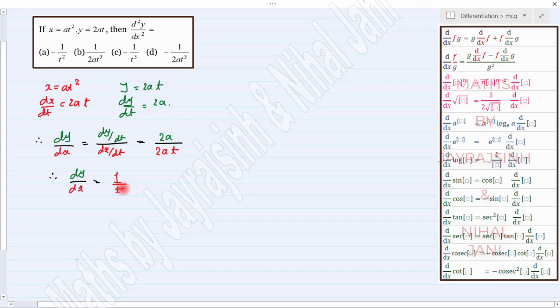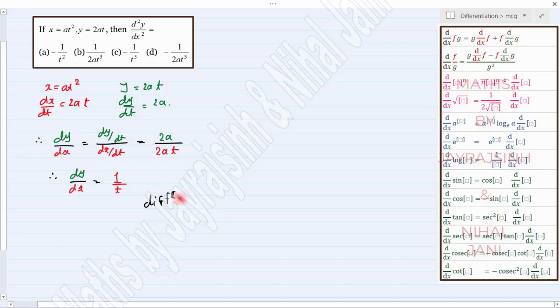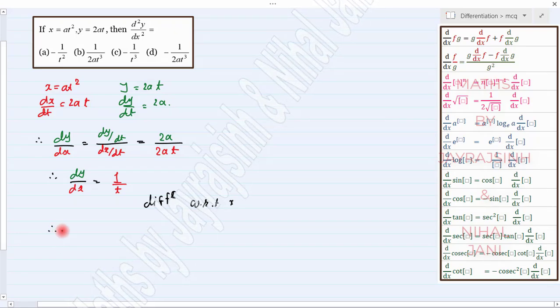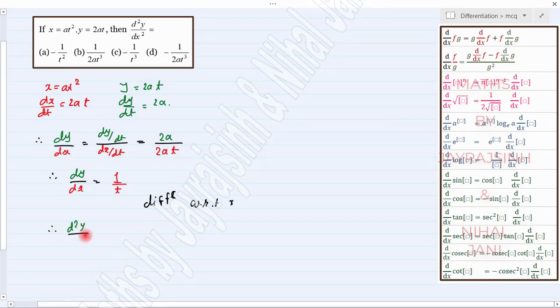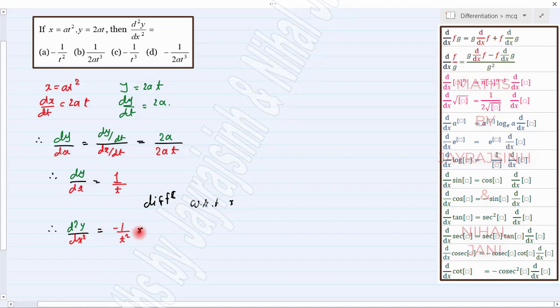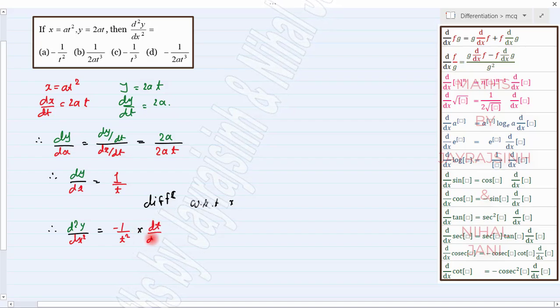But we have to find out d square y by dx square. So we have to differentiate our equation with respect to x. So we will get d square y by dx square is equal to minus 1 upon t square into dt by dx.